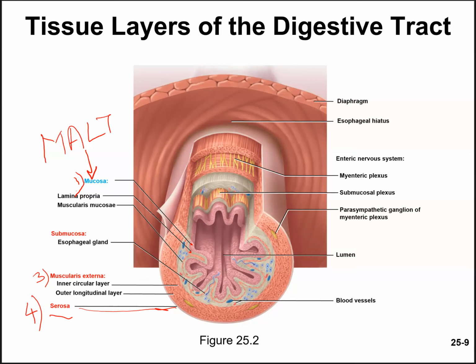It's the outermost layer, so it is very close to the visceral peritoneum, which is then surrounded by a serous cavity filled with fluid. That's why we call it the visceral layer. It is made up of simple squamous epithelium. So the main role of the serosa is to wrap the digestive tract on the outside and lubricate it heavily. That's the main role of the serosa layer.